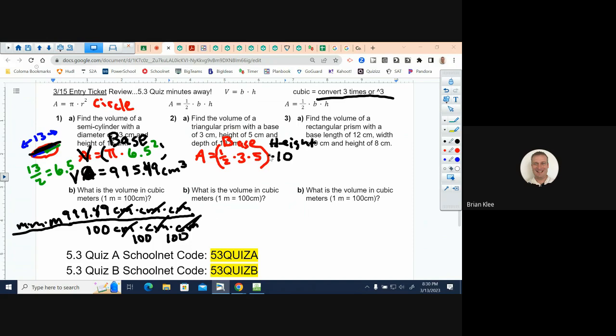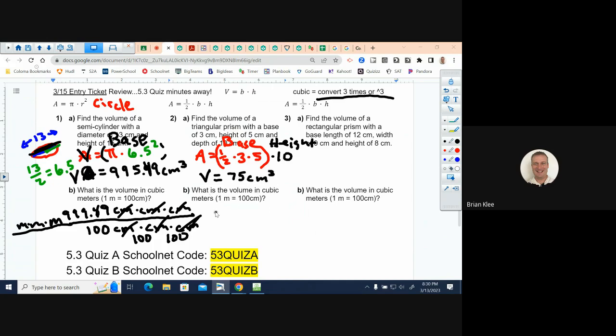Okay. Calculator time, 1/2 is the same as 0.5, or you can divide by 2. So 0.5 times 3 times 5. The area of the base is 7.5 centimeters squared. When we times by 10, the volume of the prism ends up being 75 cubic centimeters.